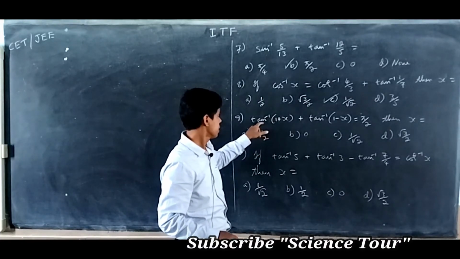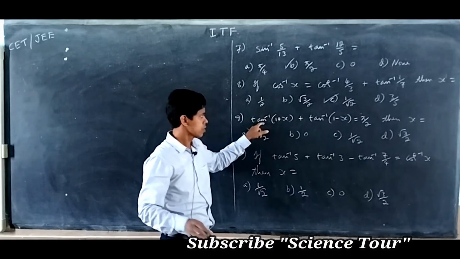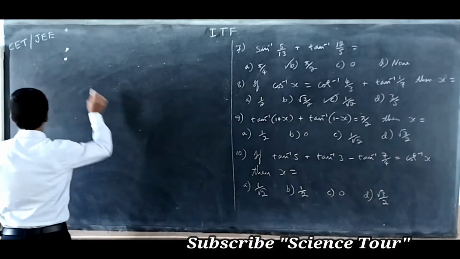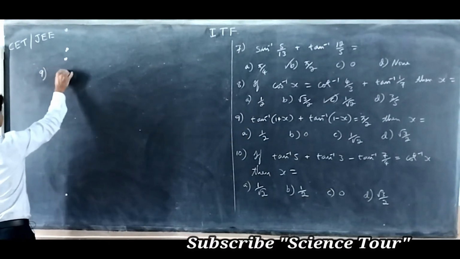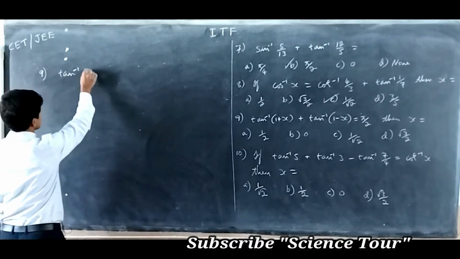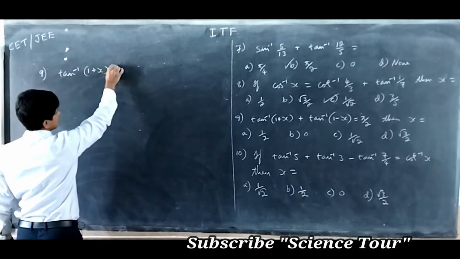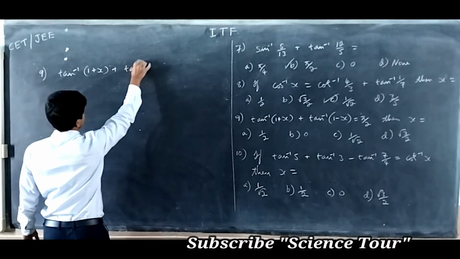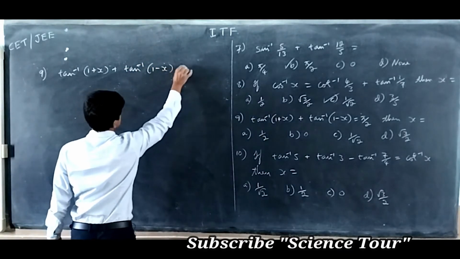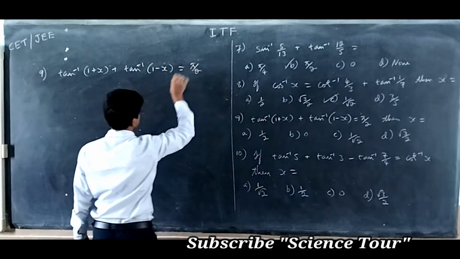So question number 9, you have tan inverse 1 plus x plus tan inverse 1 minus x, that is equal to 90 degrees.